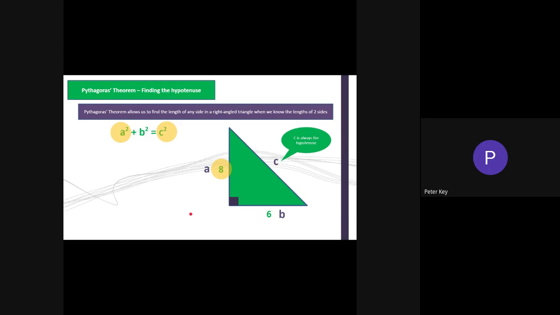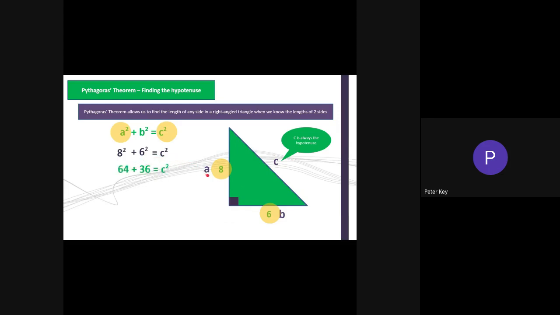Remember, 8 isn't squared at this moment in time. It's just a number, so it's a squared. And then we're adding that to b, which is 6 squared. And that will give the answer c squared.